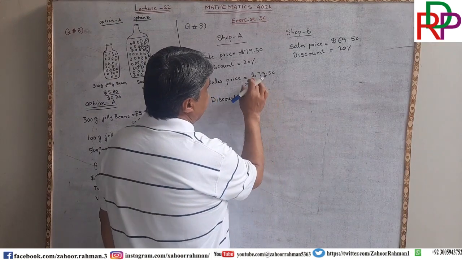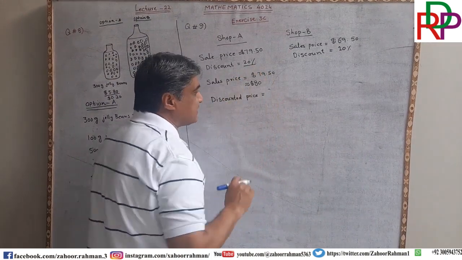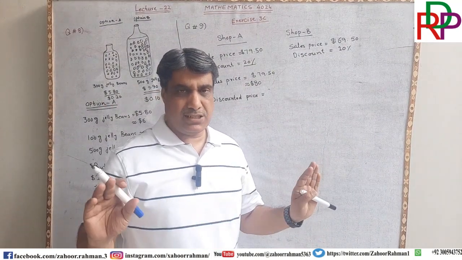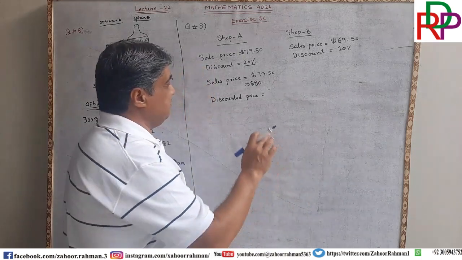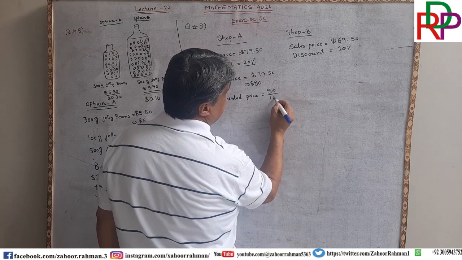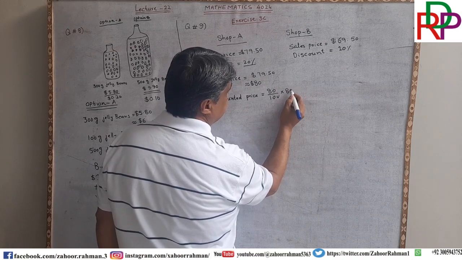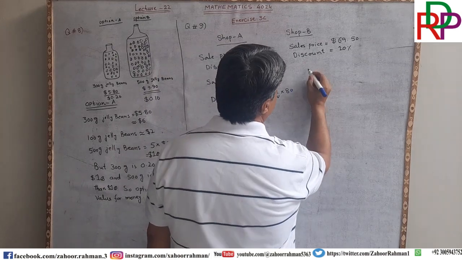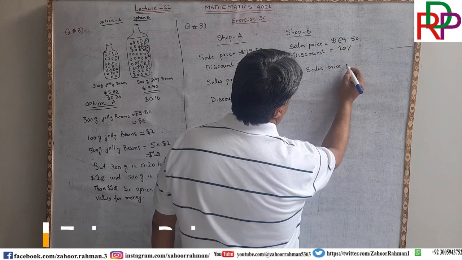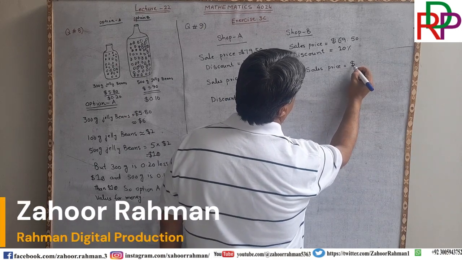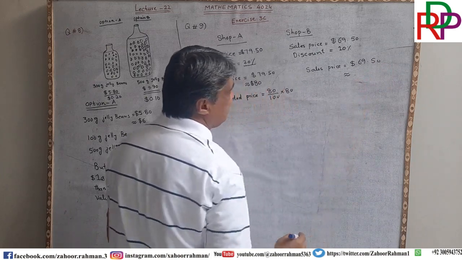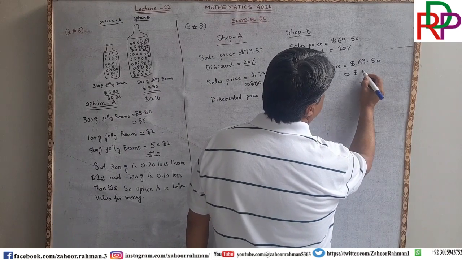But here we are saying that if 20% discount, it means do not count 20%, discount. So it means 80% will remain. So I am writing the price 80% of 80. Now for shop B, sales price is equal to $69.50, which is nearly equal to $70.